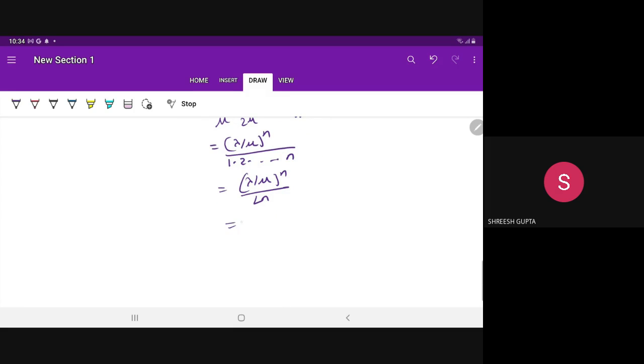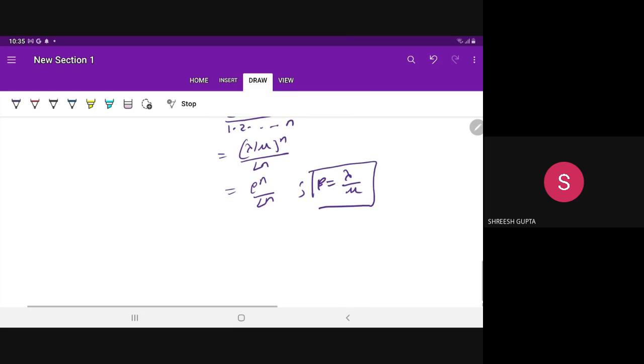And this can be written as rho to power n upon factorial n, where rho is equal to lambda upon mu. That is our Cn.